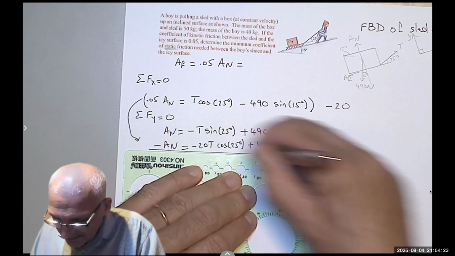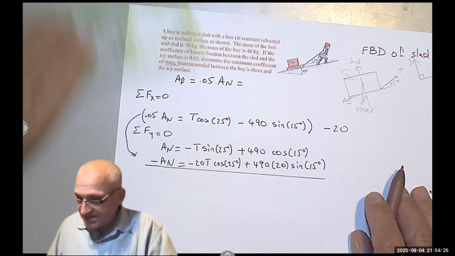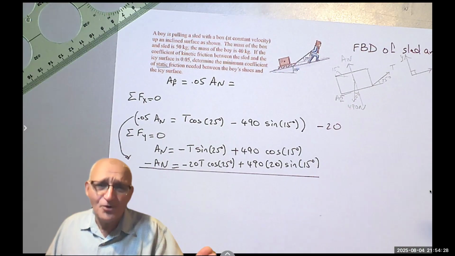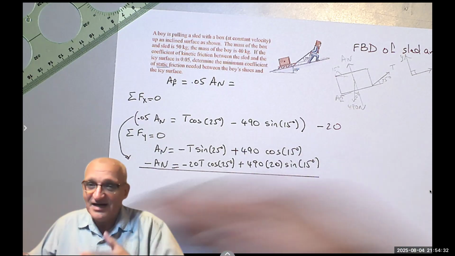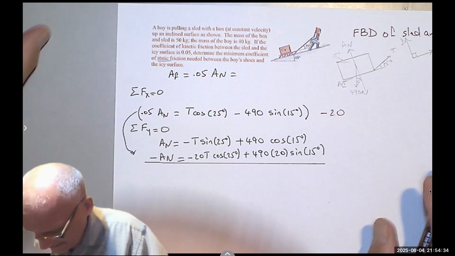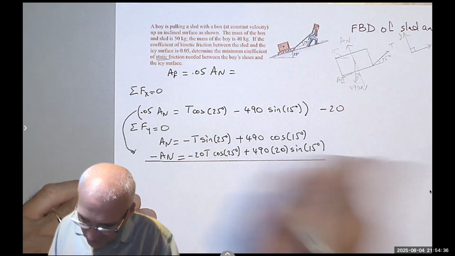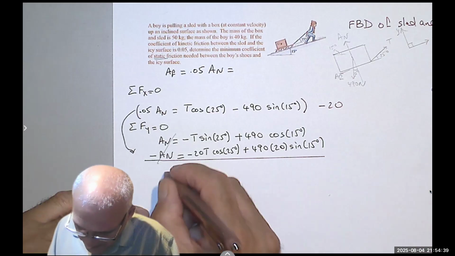Notice I don't care about A sub n and A sub f because they are not going to be involved on the body, of course. They are involved on the ice, and I'm not going to analyze the icy surface. Why would I? Right? So these two give me 0.